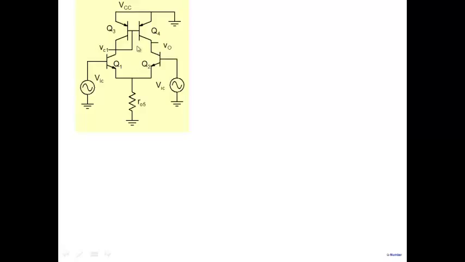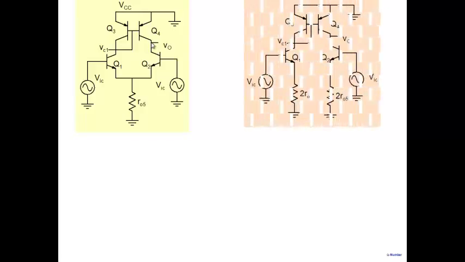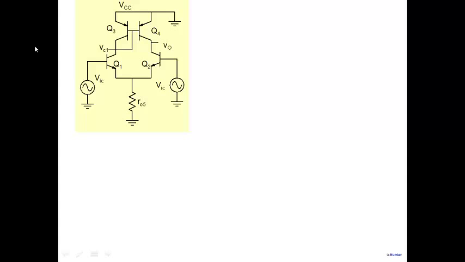Now note, the circuit is not symmetrical because the voltage at this particular point is not the same as the voltage at this particular point. Here is a diode connected transistor, and here the base and collector are not connected together.